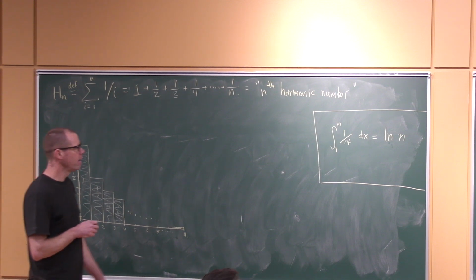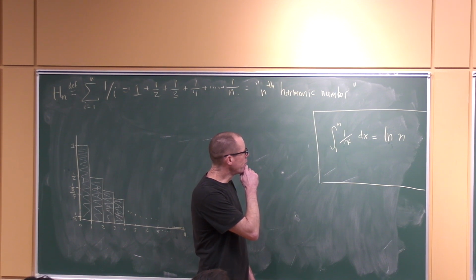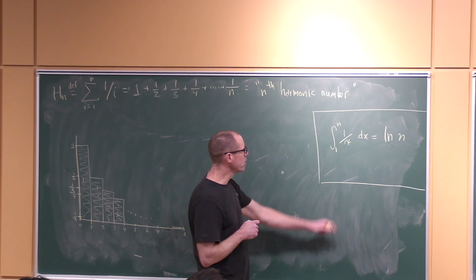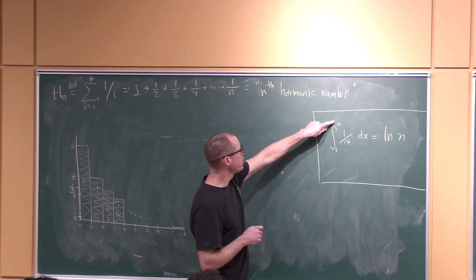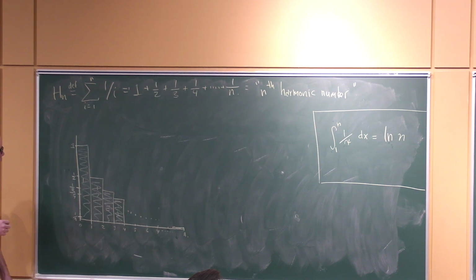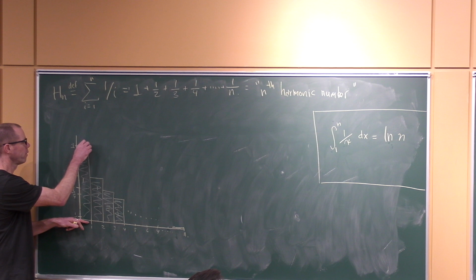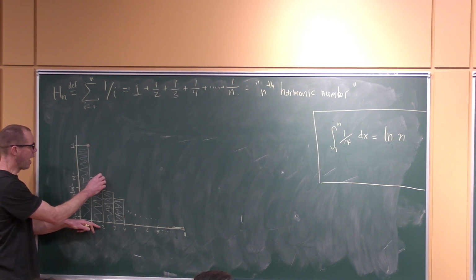Now, this integral is an integral of a function, and the function is f of x equals 1 over x. So if we draw that function, it goes from 1 to n. 1 over 1 is 1, and 1 over 2 is a half. So there's another point on that function.